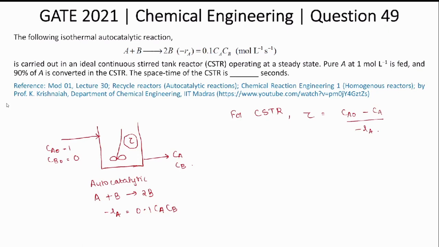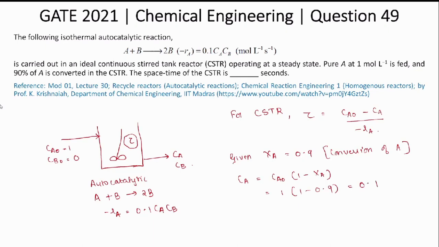And the minus Ra is given in terms of 0.1 CaCb. So given conversion is 0.9. So Ca is basically Ca0 into 1 minus Xa, and that will be 1 minus 0.9 into 1, and that is 0.1.